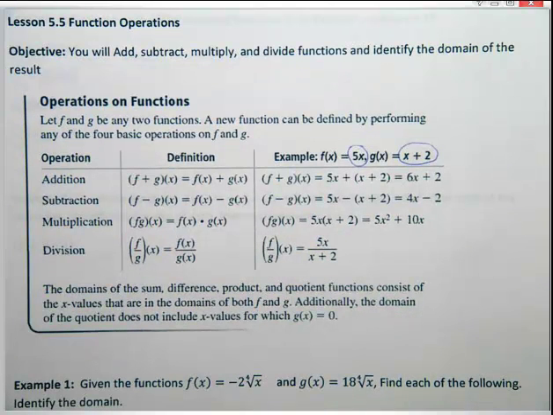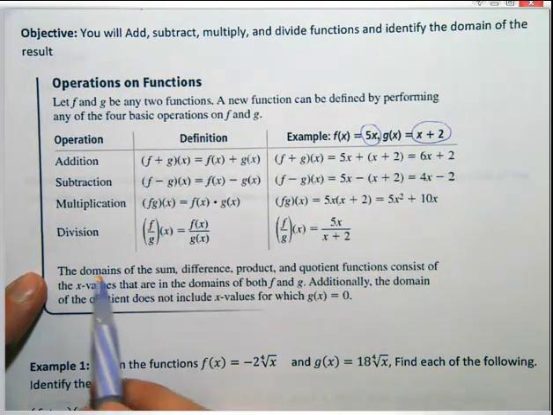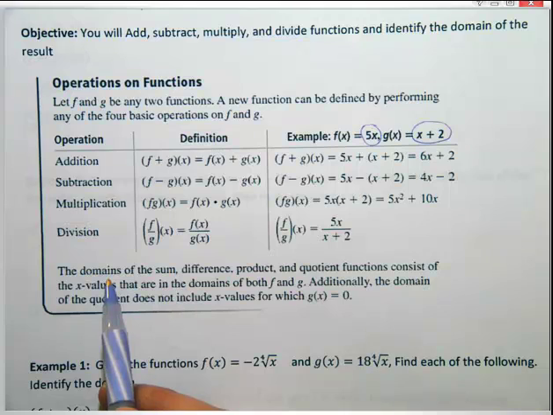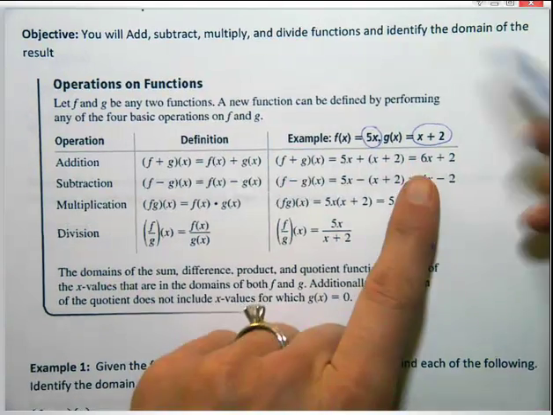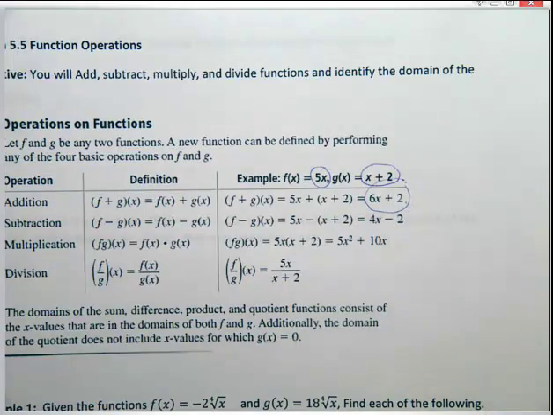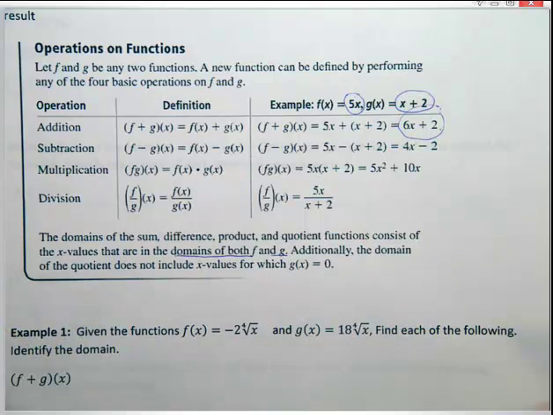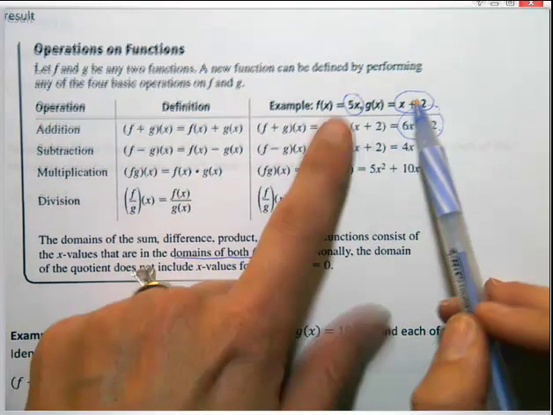When we're done performing that operation, we'll also be talking about the domain. And you can read here that the domain we know is x values. Well, the domain of our resulting function, let's say 6x plus 2, is going to be related to the domains of both f and g from the beginning. So we look at our original functions.